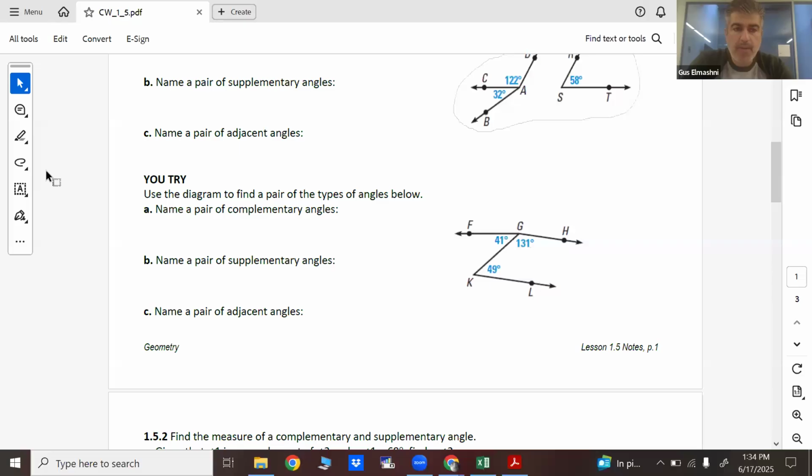So the diagram's off to the right. Complementary adds up to 90. Supplementary adds up to 180. And adjacent is next to each other.